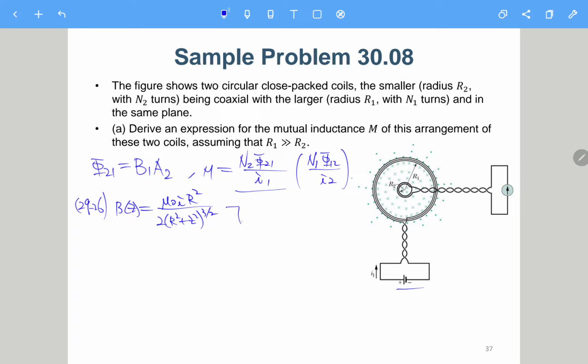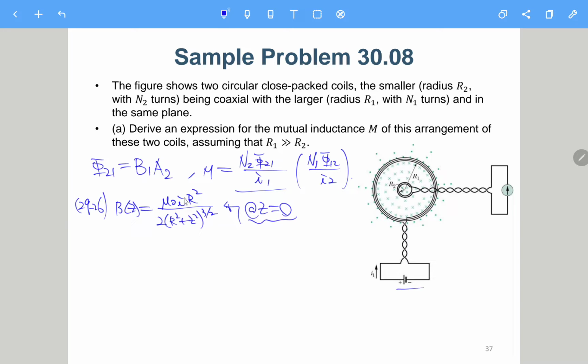We have derived this equation, but we just use it here. What we need is this equation at z equals 0, because they are on the same plane.